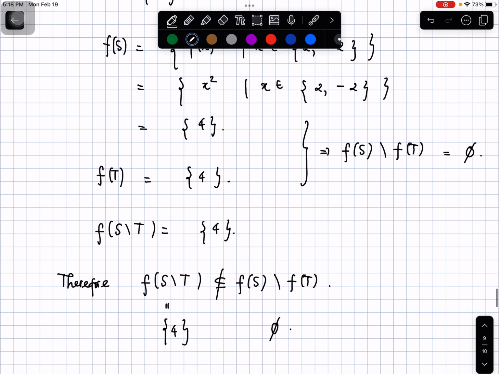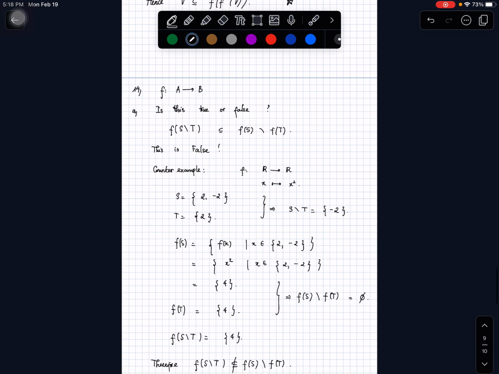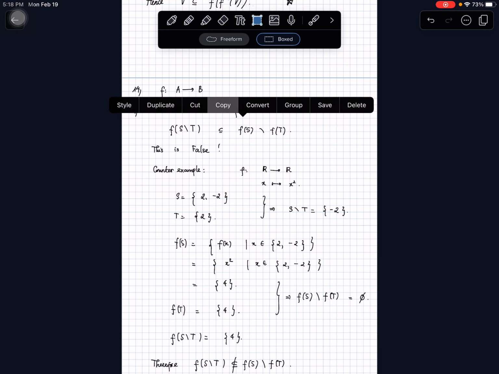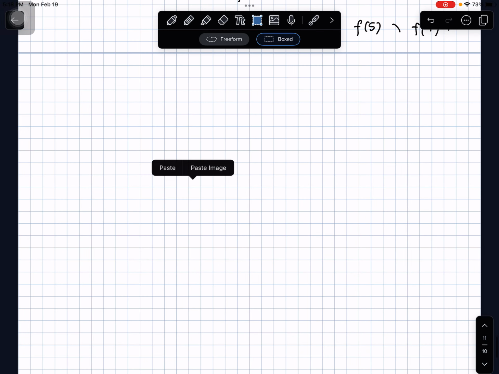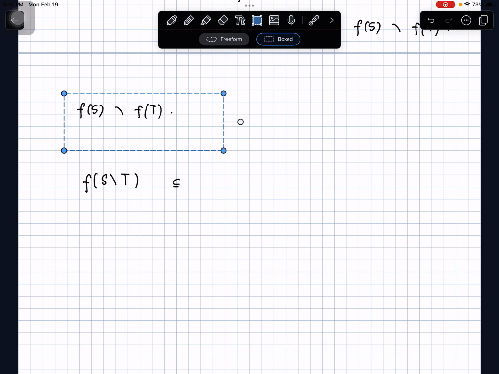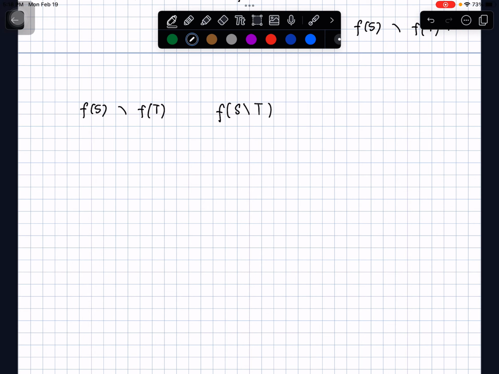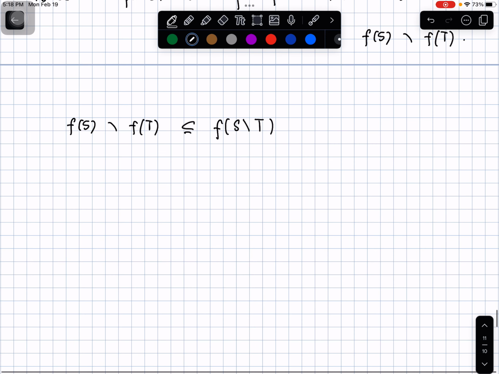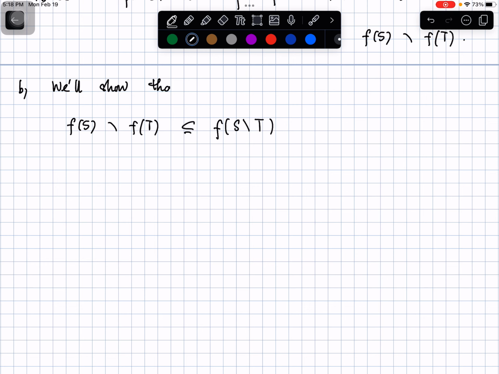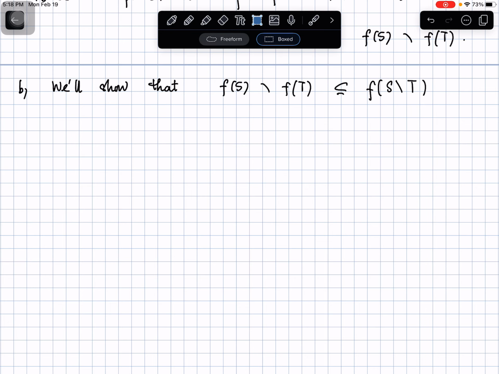And we need to prove the other part. We need to show this one is a subset of this one. So how to do that?